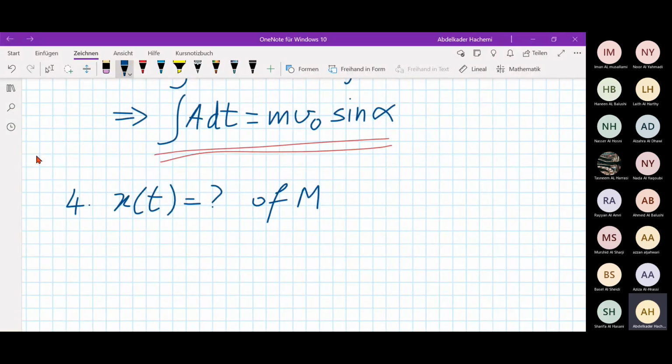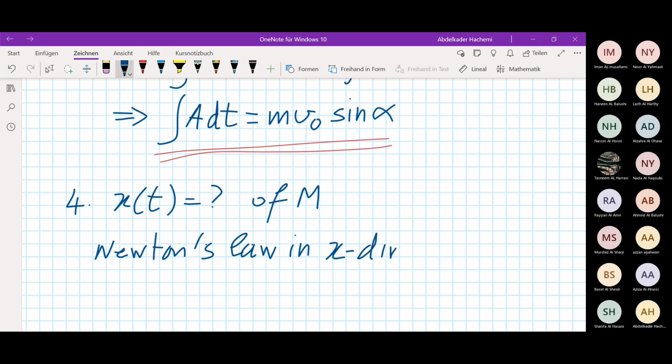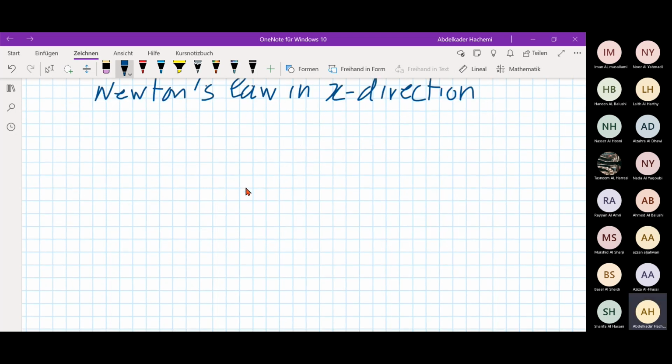Okay, now if we make the equilibrium with Newton's law in the x direction, as external forces we have minus c multiplied by x, which is equal to the mass m x dot dot.